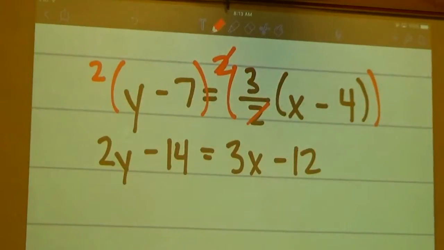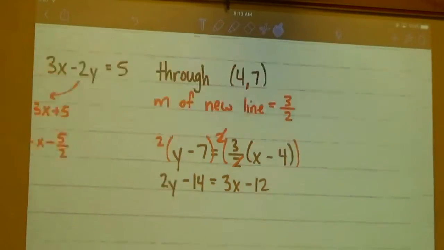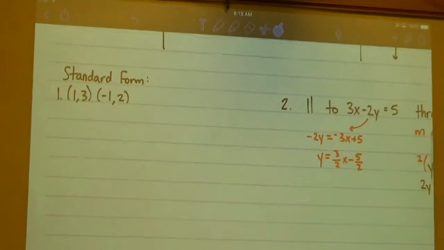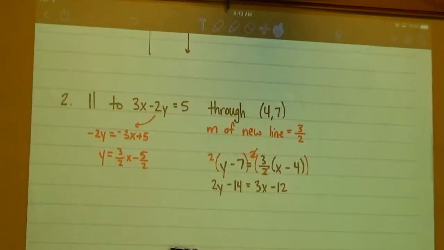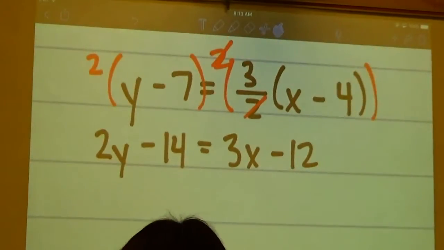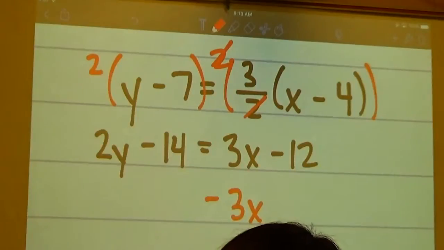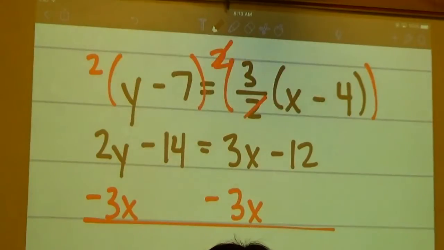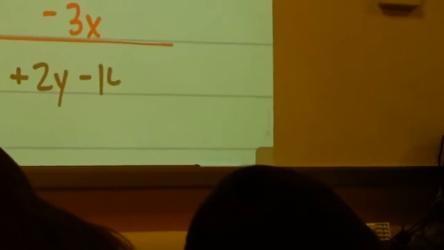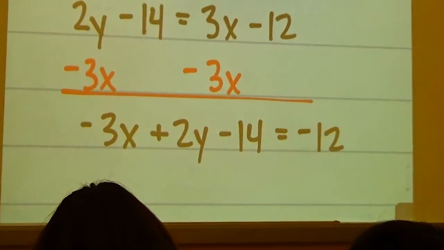Then, which form did we say we're going to? Standard form. So we're going to put this in standard form. I'm going to move the 3x over. So I get negative 3x plus 2y minus 14 equals negative 12.